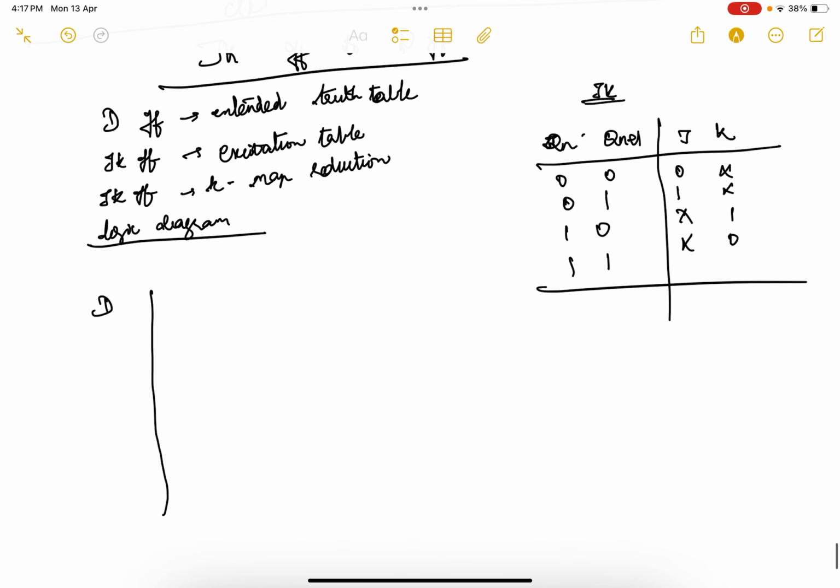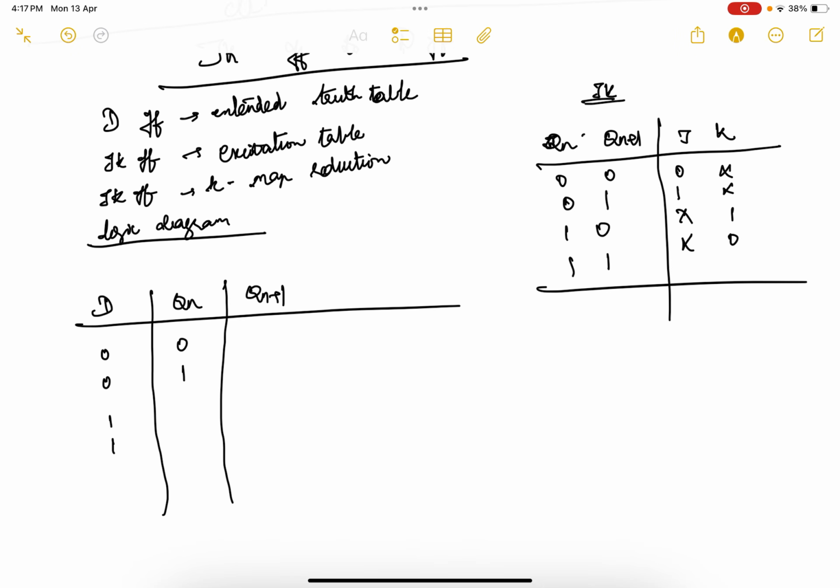Now the extended truth table for the D flip-flop. So D, and we know that it will have your Qn, and the next state Qn plus 1. The present state can be either 0 or 1 for the input 0, and for the input 1 the present state can be either 0 or 1. And D is direct. So if the input is 0, the next state is also 0. If the input is 1, the next state is also 1. So now we have drawn the extended truth table.